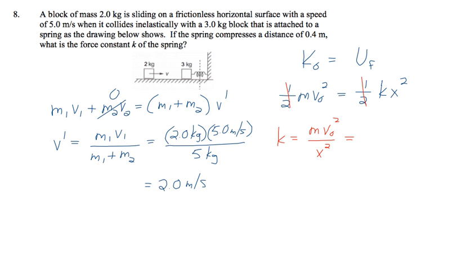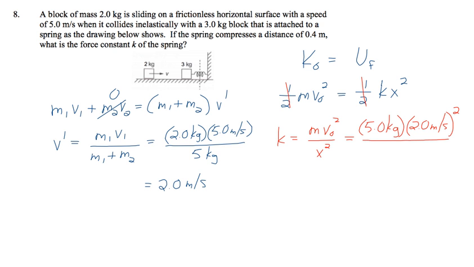So the mass, now be careful though, the mass is the combined mass, because they're now stuck together. So it's going to be 5 kilograms that's oscillating back and forth, not 2. So I'm going to use 5 kilograms times the velocity, which is 2 meters per second, squared.